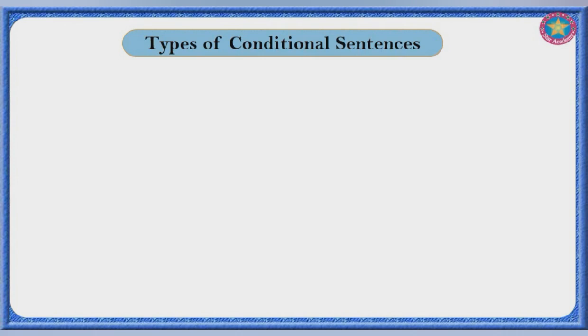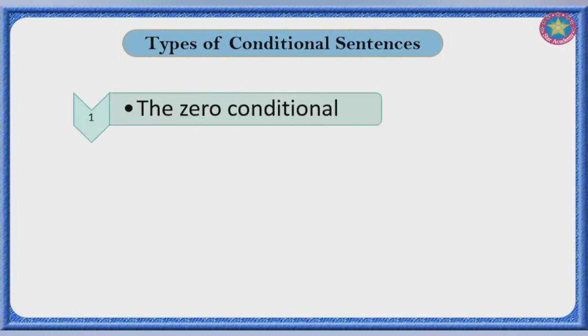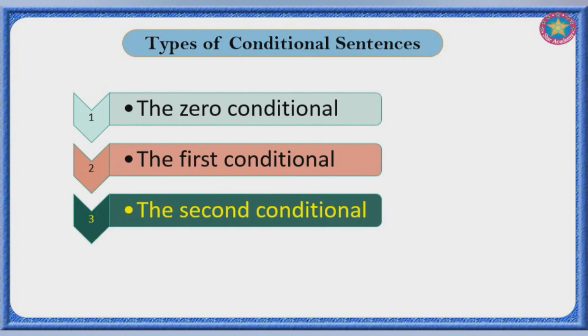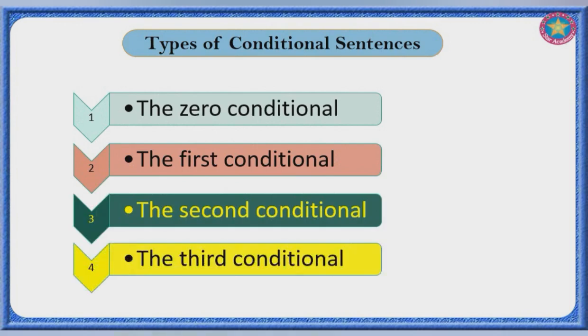Pay attention to verb tense when using different conditional moods. Use a comma after the if clause when the if clause precedes the main clause. These types of conditional sentences are the zero conditional, the first conditional, the second conditional, and the third conditional.